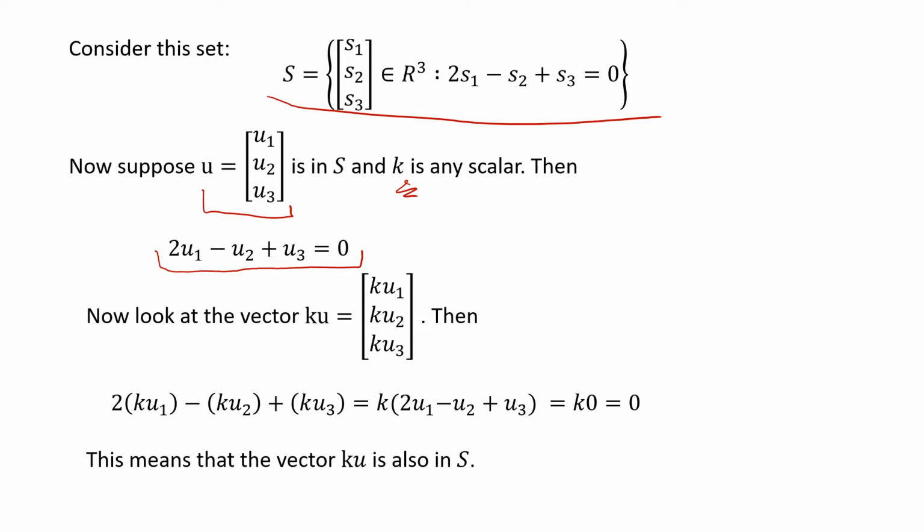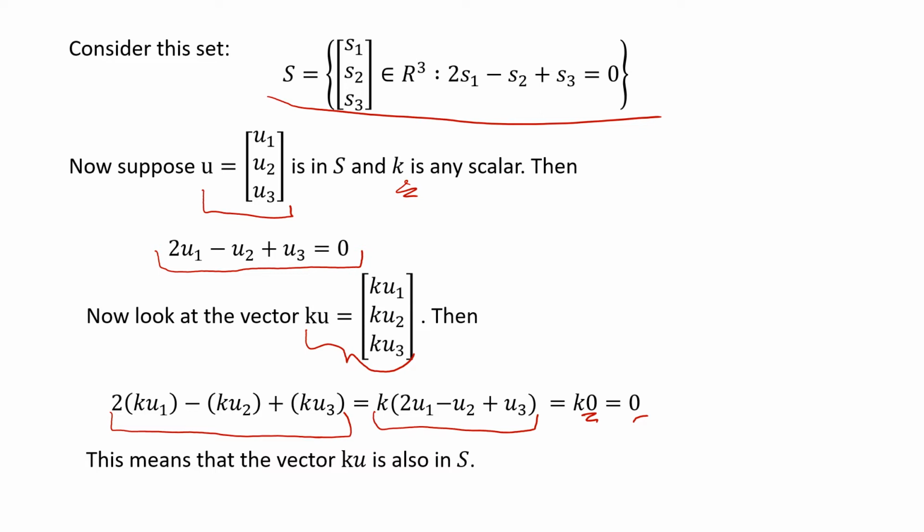Now take u and multiply it by k. You get that vector. What happens to that vector? Take the elements of that vector, put them into the equation, and see if it works. That's what you get. Now rearrange it, take k out. You get k times your original equation, which is k times 0, which equals 0.